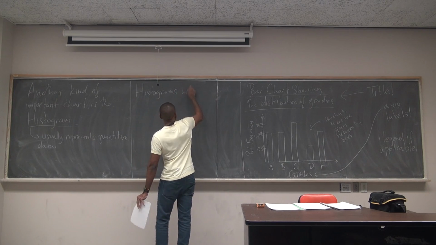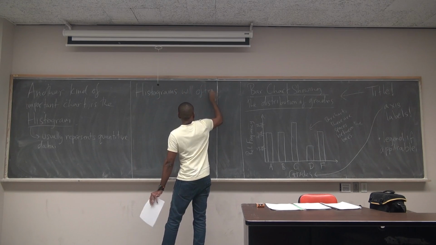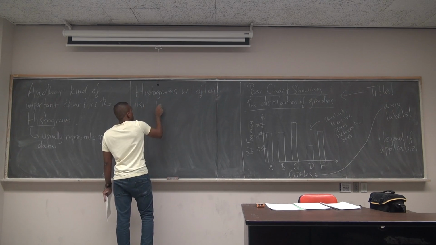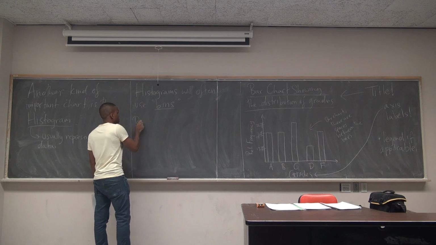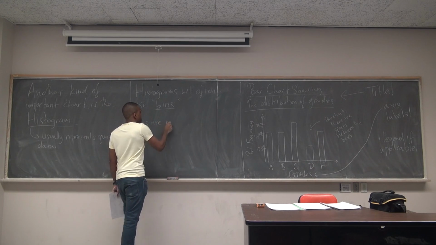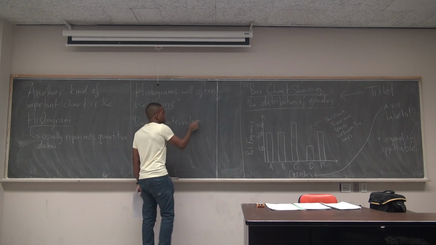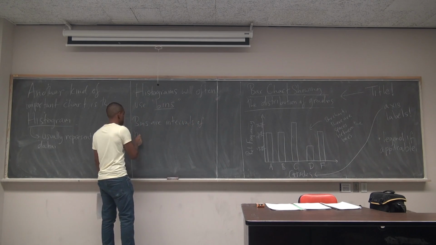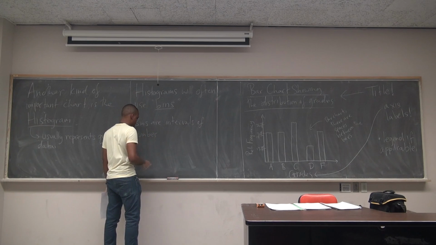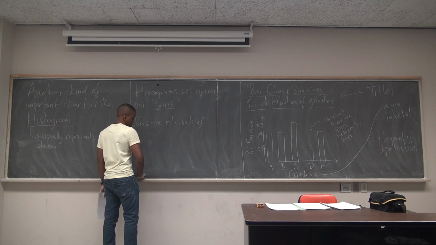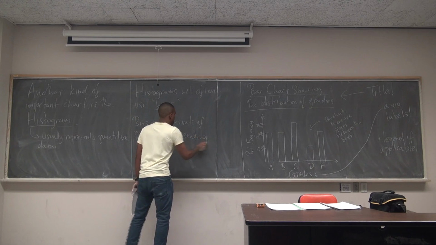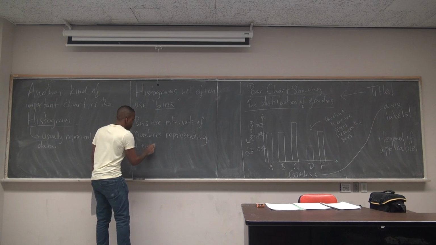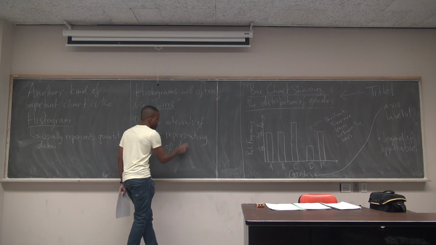Histograms will often use what we call bins. Bins are intervals of numbers. Intervals of numbers representing a range of data points.